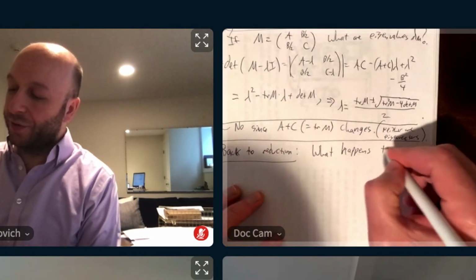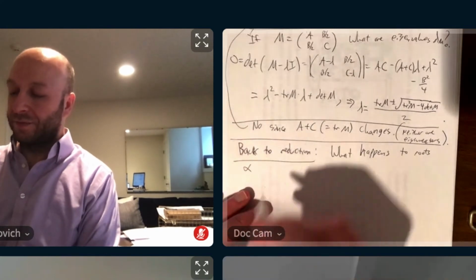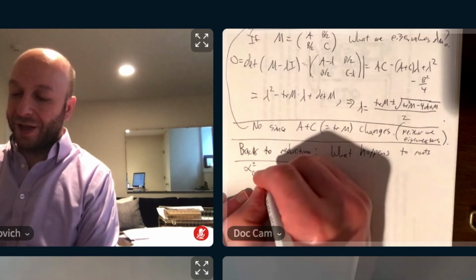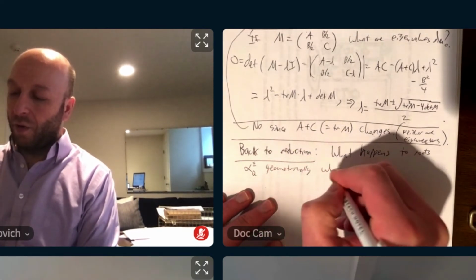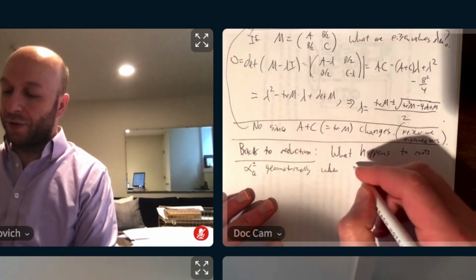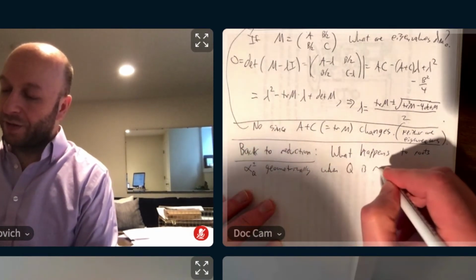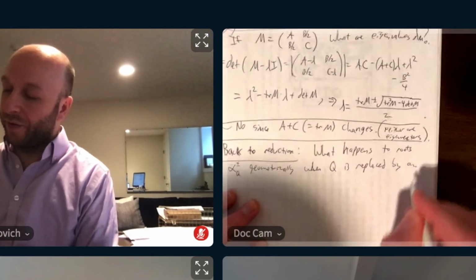What happens to the roots alpha of Q, plus or minus, geometrically, when Q is replaced by an equivalent form?